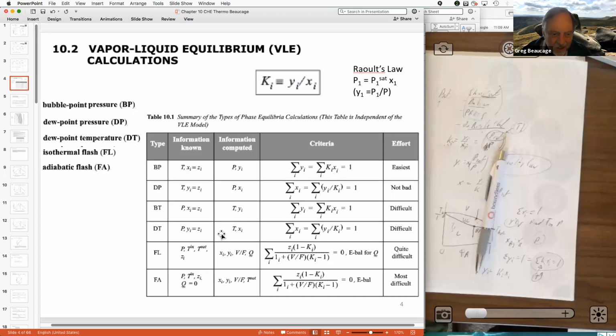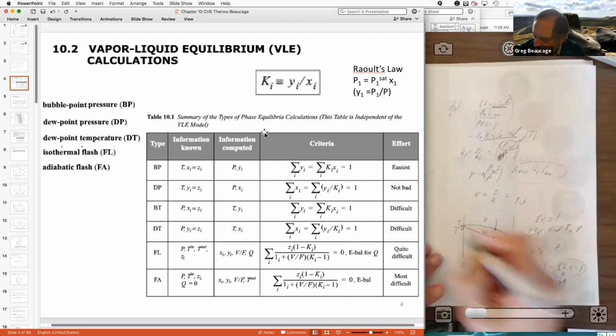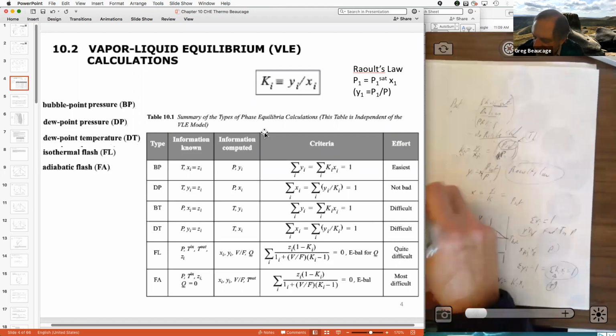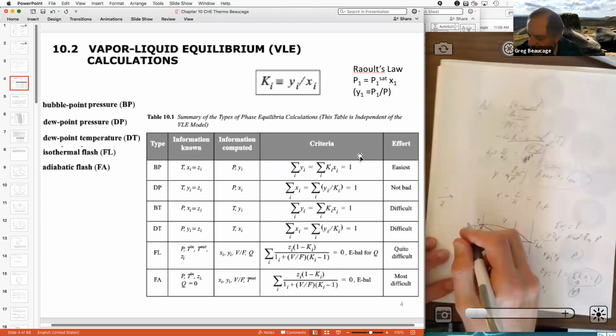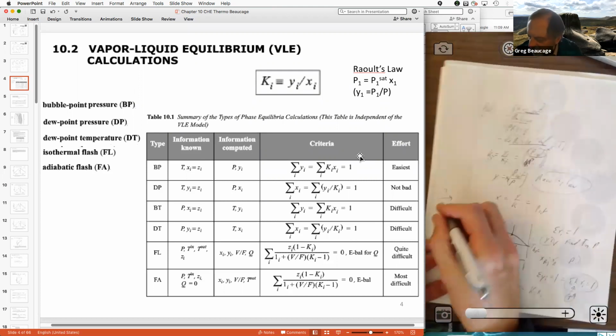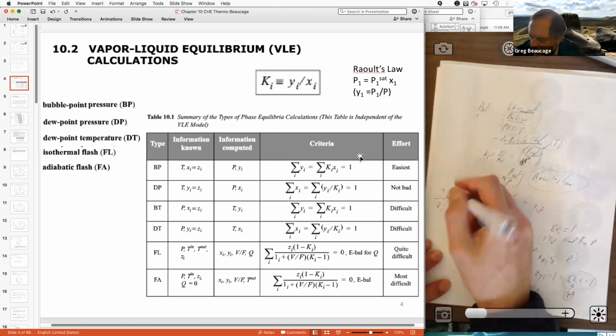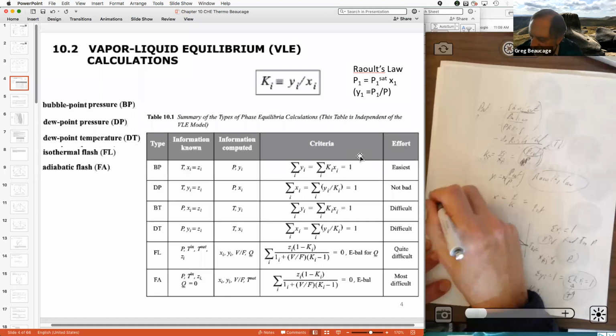Right. So the other issue is you don't know, you're coming in with a composition that's going to split into a vapor and liquid. So you don't have a vapor going to a liquid, you don't have a liquid going to a vapor, you have something of unknown origin, which is going to be called Z instead of X and Y, zi, and it's going to go into a flash tank and it's going to make a liquid and a vapor under some other condition, like T1, T2.